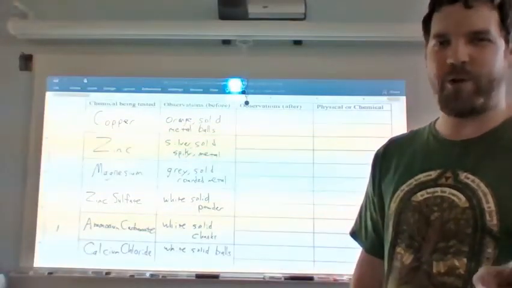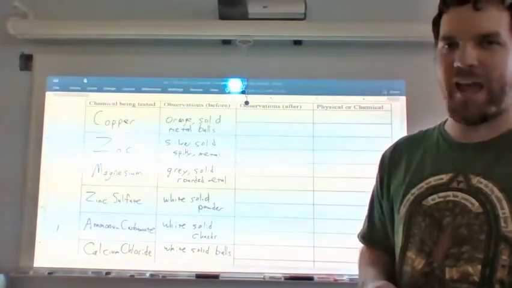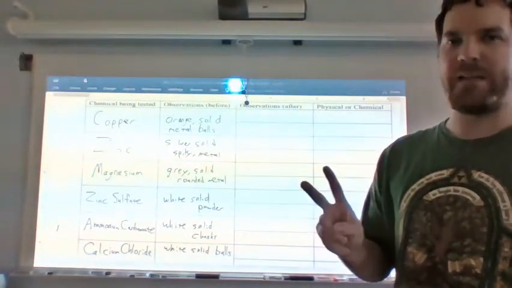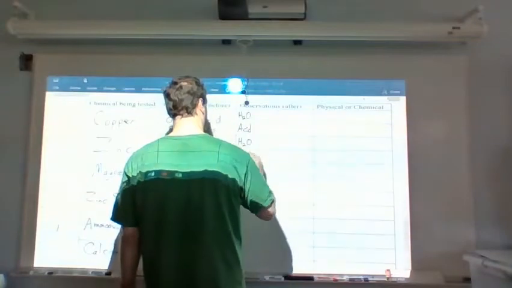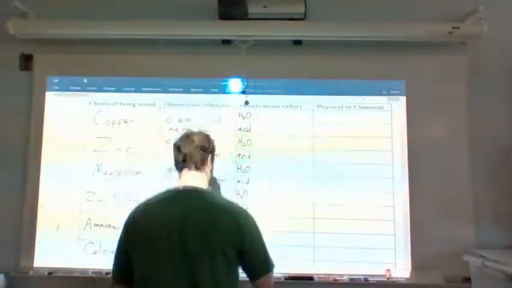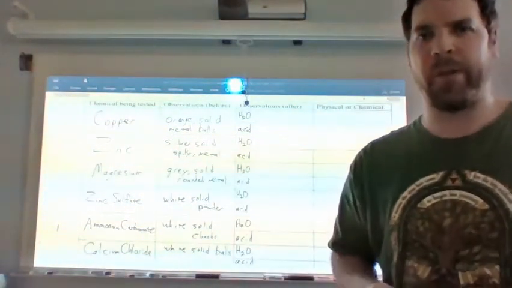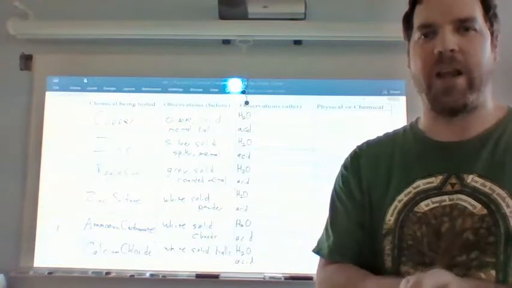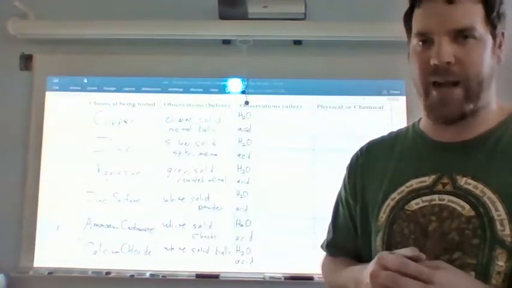Okay, now we have 2 rows to each of these, whether we added water or acid to them. So we might want to mark those just so we know. Okay, now we are going to go through and put our observations when we added the liquids.